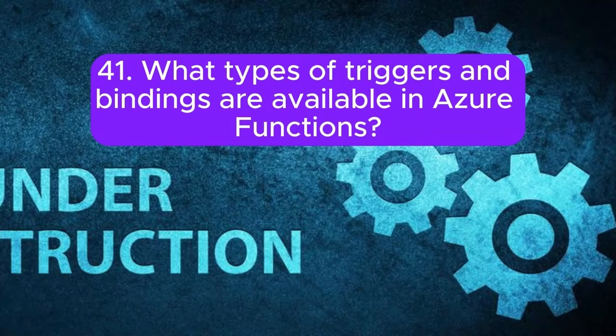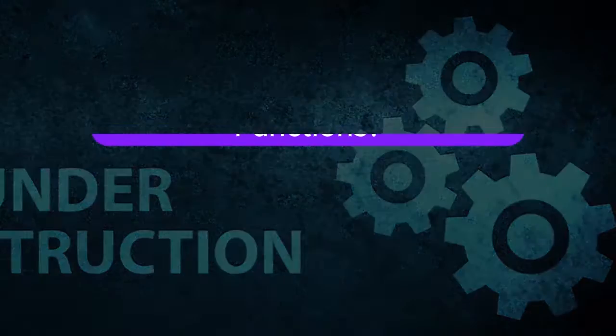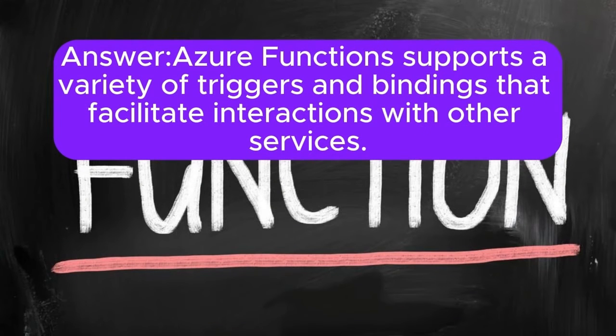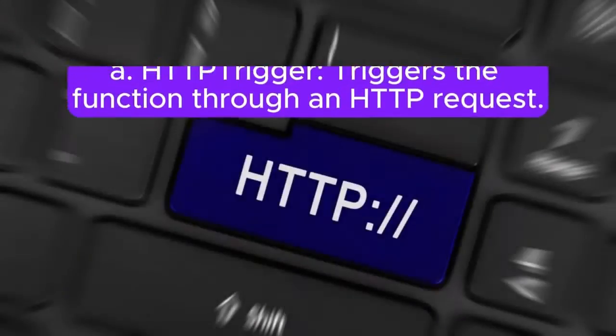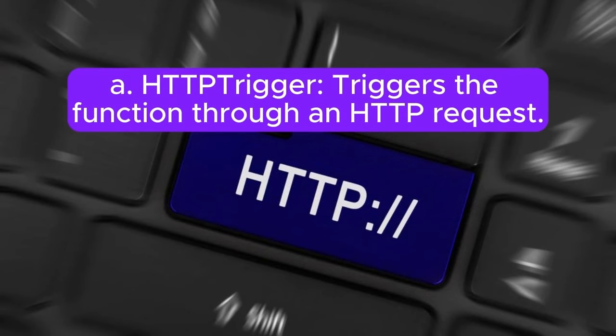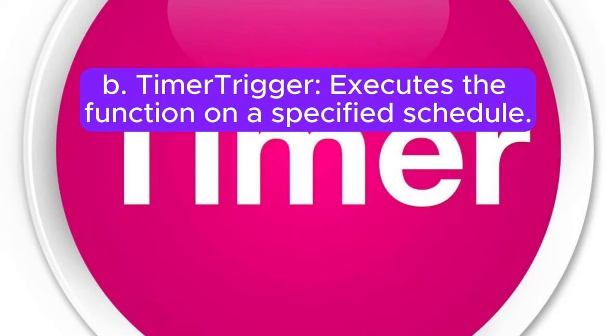41. What types of triggers and bindings are available in Azure Functions? Answer. Azure Functions supports a variety of triggers and bindings that facilitate interactions with other services. Common triggers include A. HTTP trigger. Triggers the function through an HTTP request. B. Timer trigger.